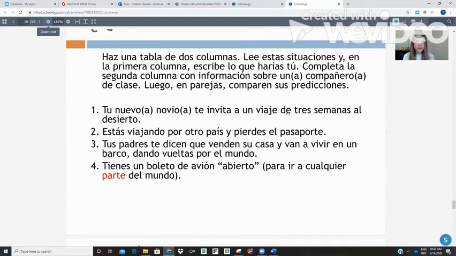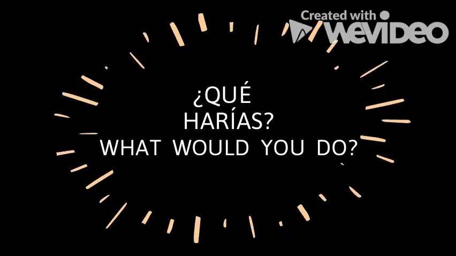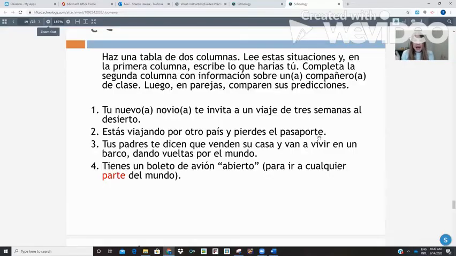Número 2. Estás viajando por otro país, y pierdes el pasaporte. ¿Qué harías? What would you do si perdieras el pasaporte en un país diferente? Yo tendría mucho miedo. I would be very scared. Yo estaría muy nerviosa.